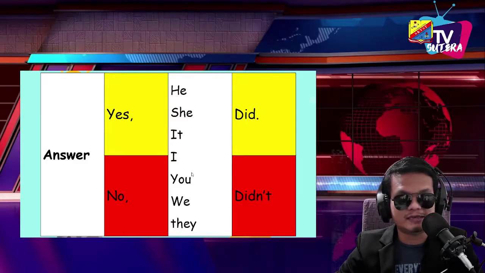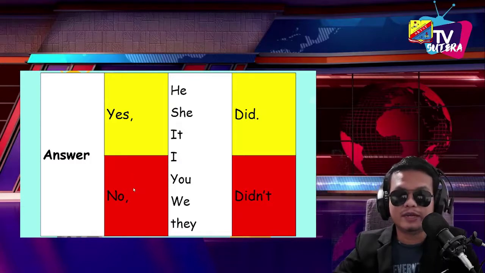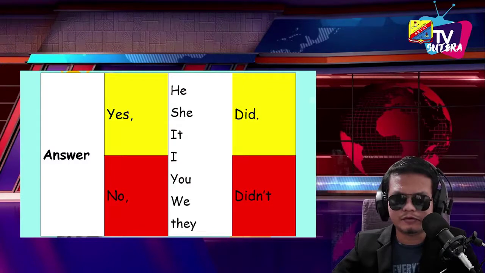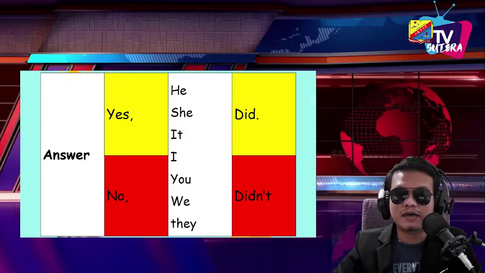Okay, subject pronoun. This is the subject pronoun: he, she, it, I, you, we, they. These two possible answers we can use to state whether it is true or it is not true, or incorrect. For example, when we ask the question, did he eat the cake?